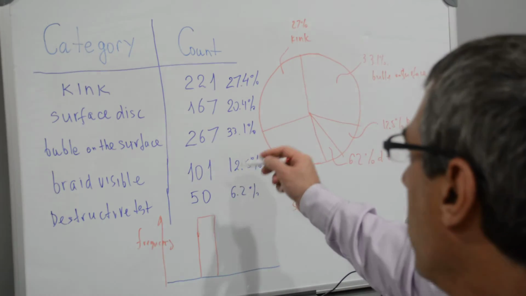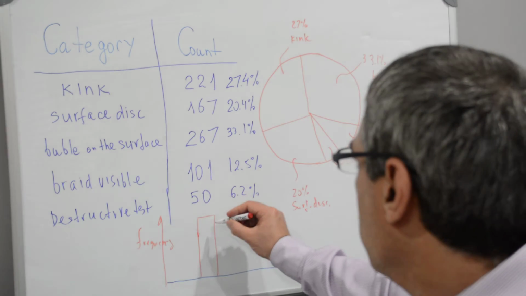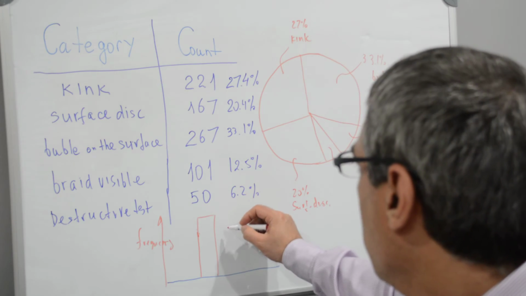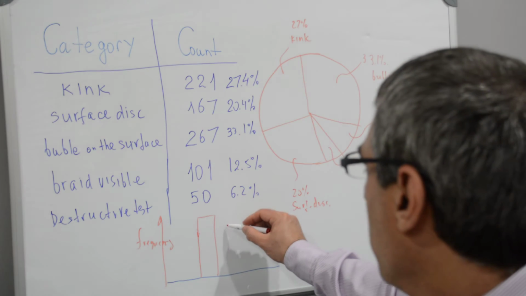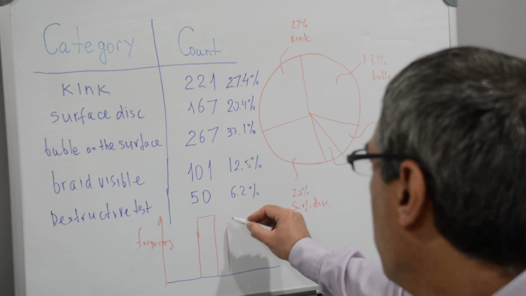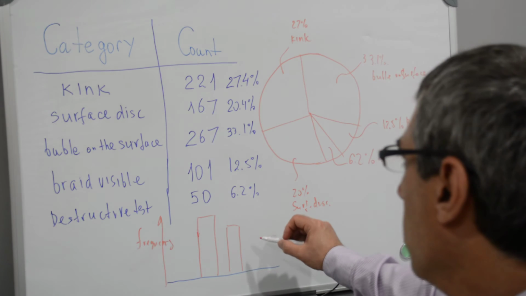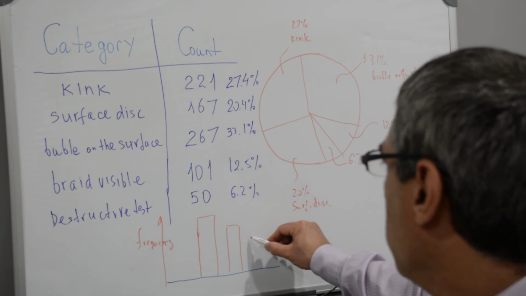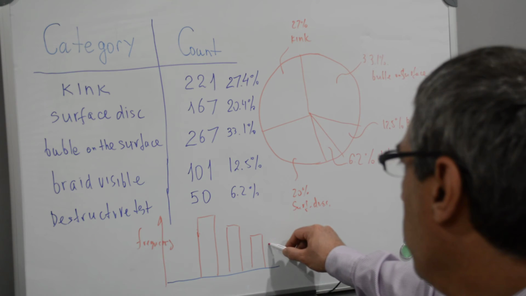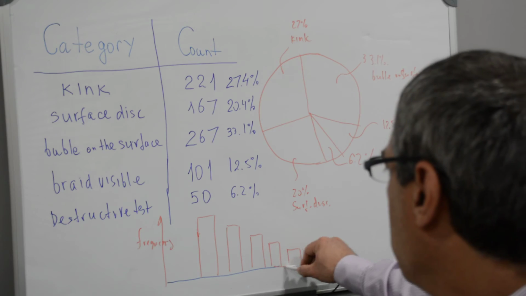So the highest bar in this case will be bubble on the surface, which is 33%. Then the second highest bar will be kink. Then surface discoloration, braid visible, and destructive testing.